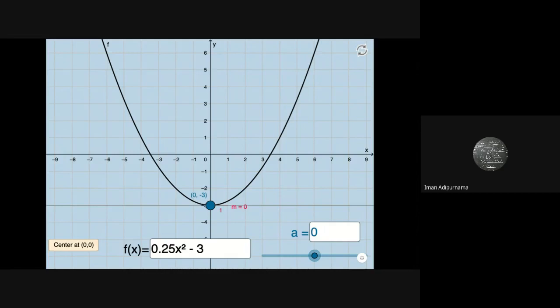I think this helps if you cannot imagine in your mind how the graph looks like. Sometimes you can take a look at graphs, and in GeoGebra there are a lot of tools. A lot of people already built some activities that you can just click and read.